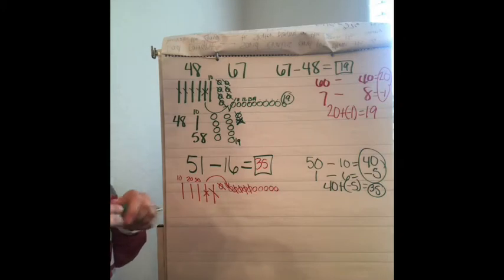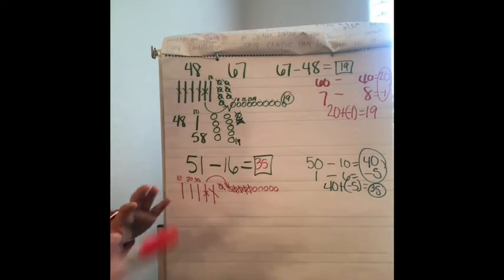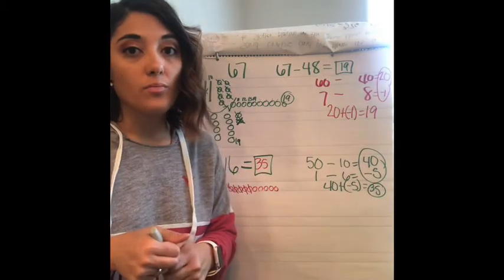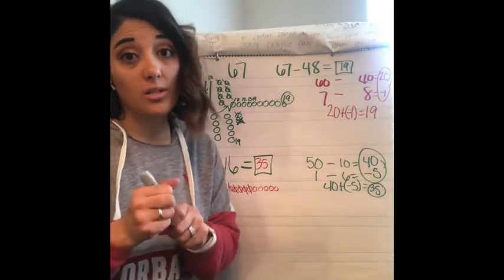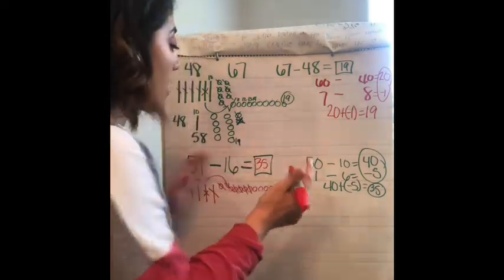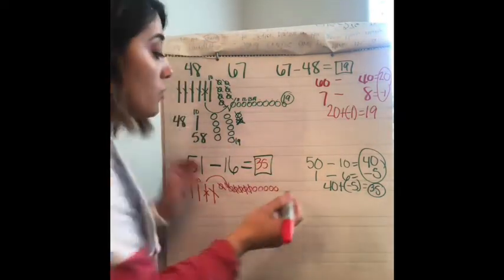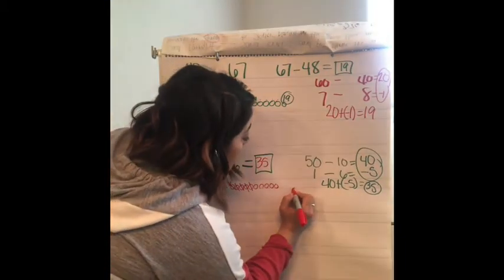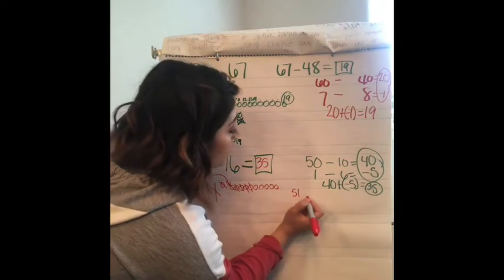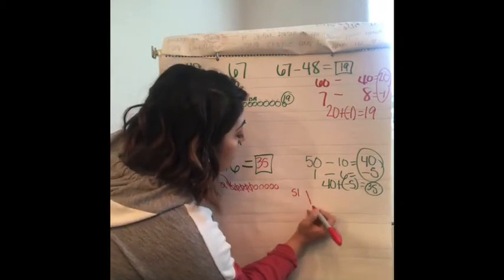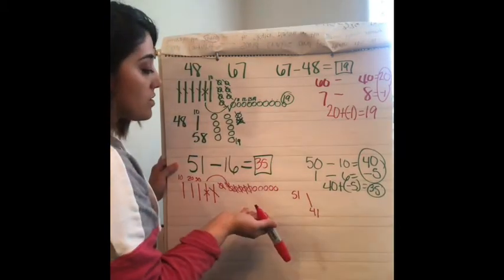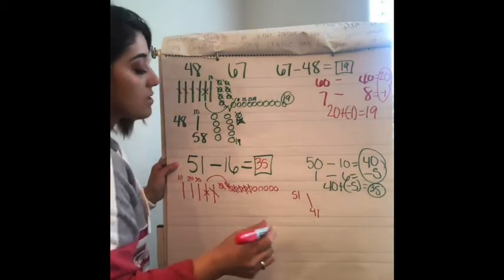And then lastly, we could do the counting on strategy. Here though, we could also count backwards by taking 16 away. So you could start at 51 and count backwards. This would be a little bit more challenging, but if you took away a 10, that would get you to 41, and then you still have to take away 6 more.